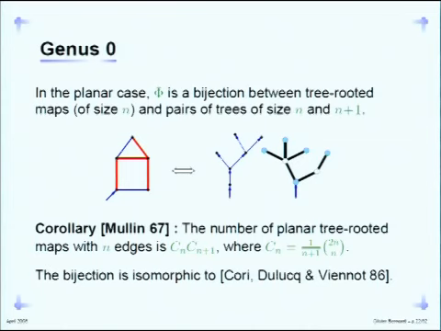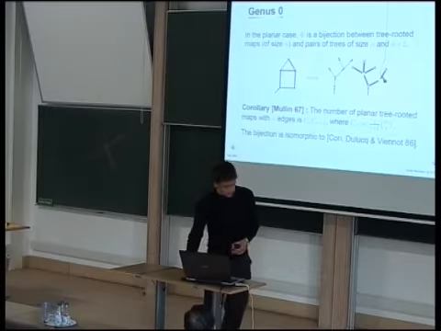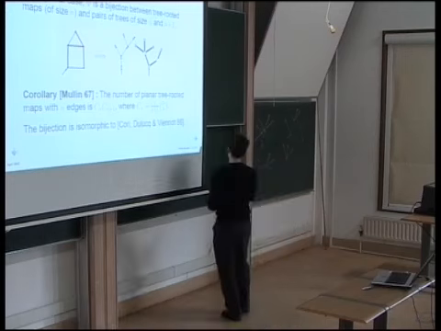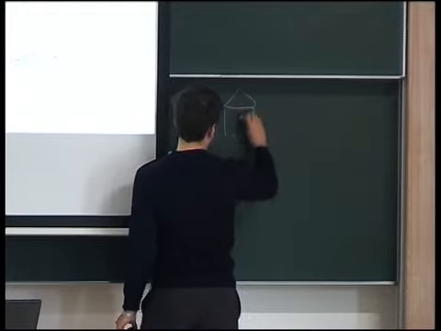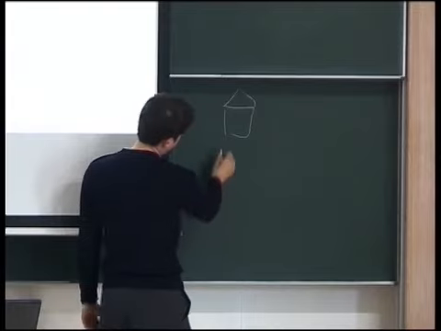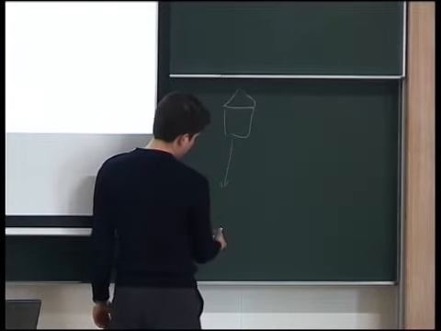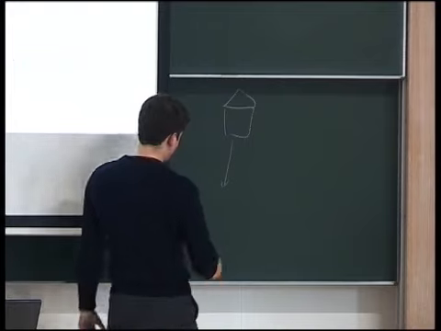And this bijection is isomorphic to the one of Cori, Dulucq and Viennot, in a sense that I will not explain. Well, yes, I will explain. So what I mean is that if I start from my map, I can associate to it a parenthesis shuffle.